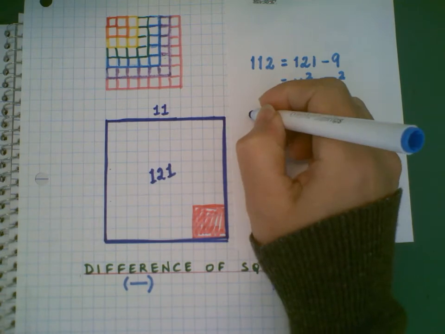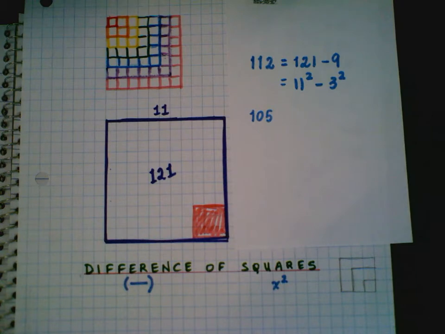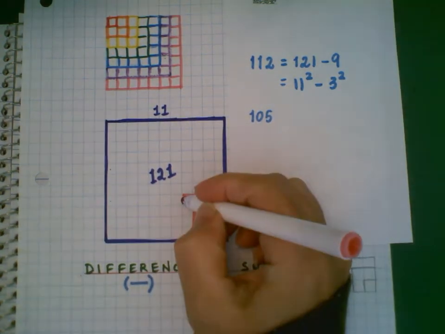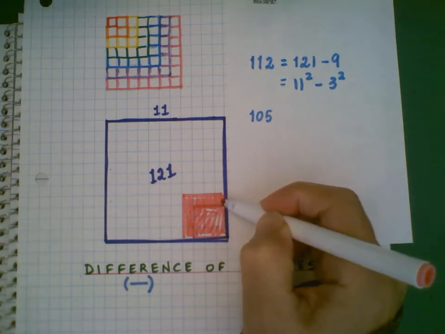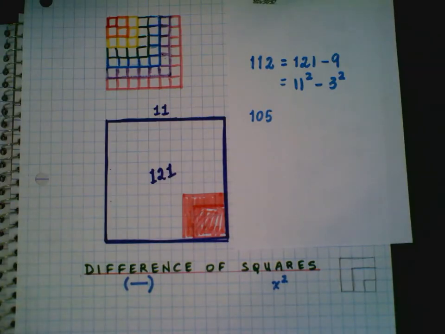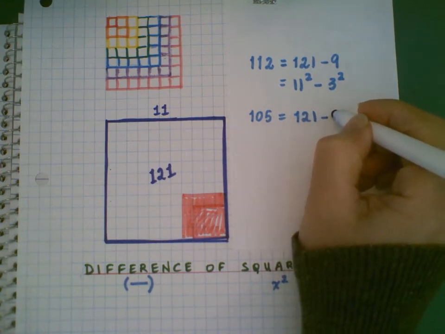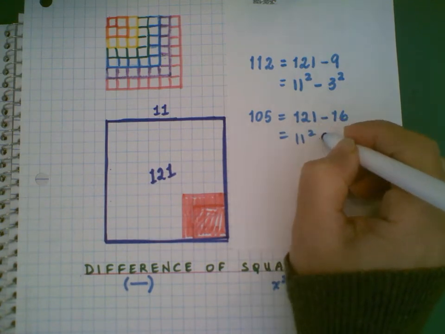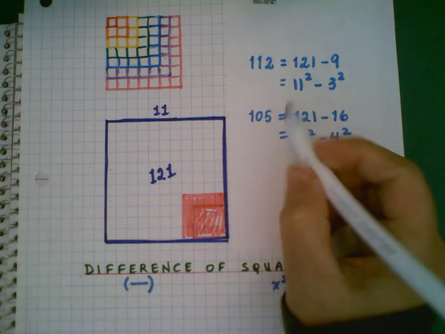I could also create a value of 105. So this time I would be taking a 4 by 4 square off of that corner. 121 minus 16, that's 11 squared minus 4 squared, so 11 by 11 minus a 4 by 4 is 105.